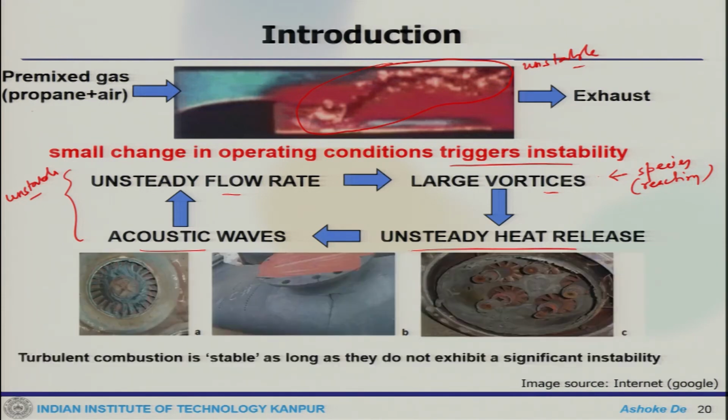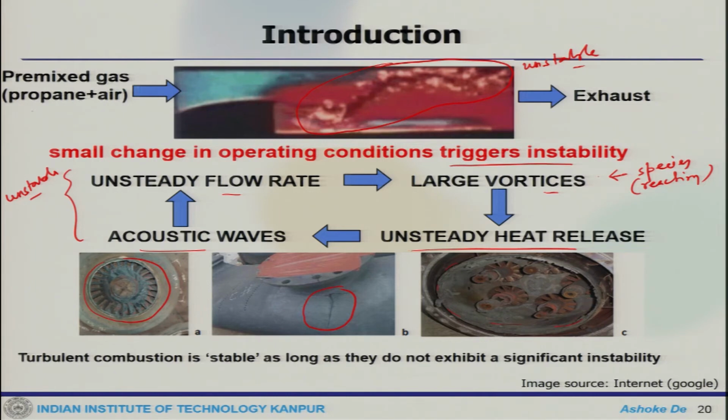Once you have this unstable system, you may have some consequences, and these are some of the images where you can see there is a big crack on the combustor valve. You see what happens to the swirl burners, some damage to the dump plane and the combustor valves.